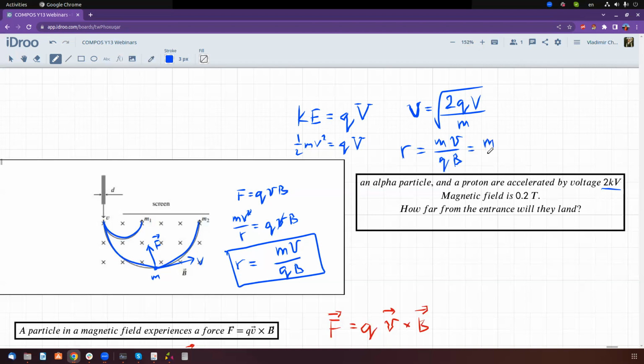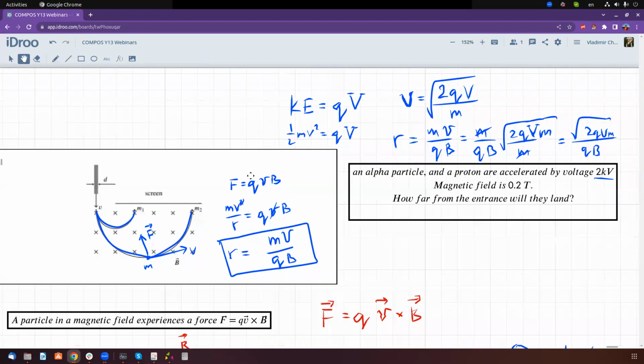So m over qB times the square root of 2qV, which is capital V, that's the voltage, divided by m. Oh, m cancels out. So it's the square root of 2qVm divided by qB. Oh, q cancels. Well, okay, we'll get back to that as r.